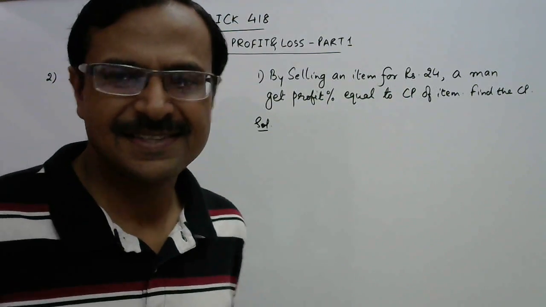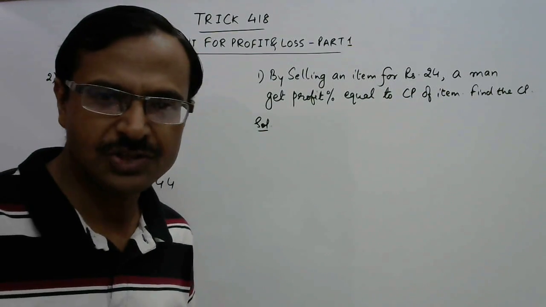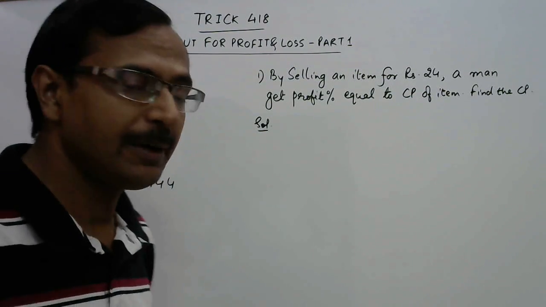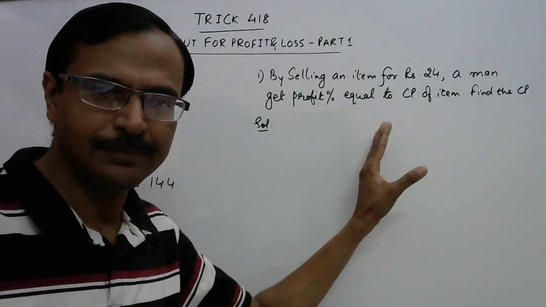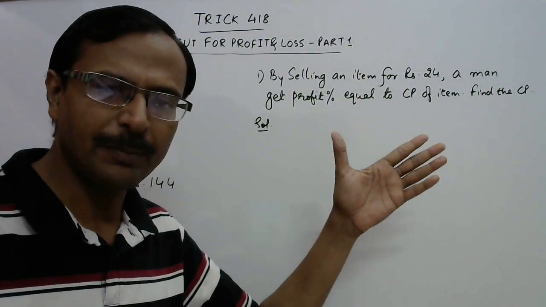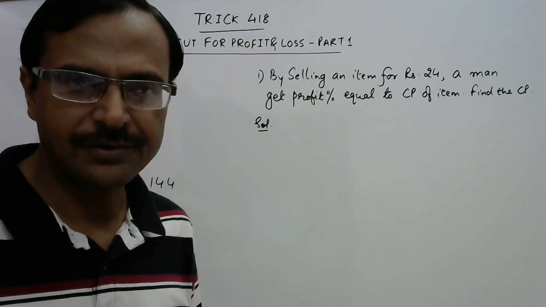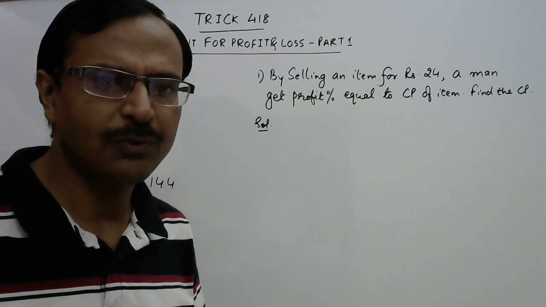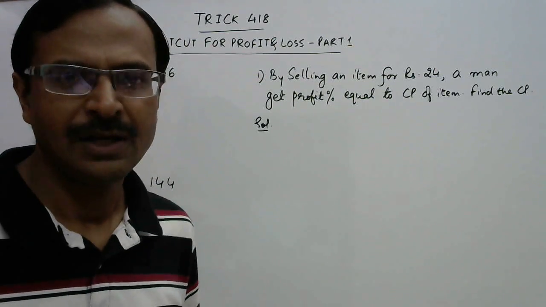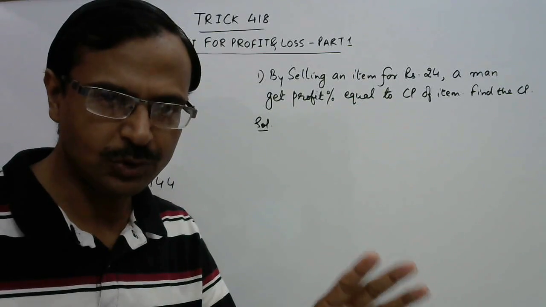Hello dear friends, in trick number 418, I am going to tell you an amazing shortcut for an important profit and loss problem. Now the statement of the problem is written here and this is a very common problem in competitive exams. So you need to know the shortcut because the traditional method in this question is bound to consume at least 45 seconds to 1 minute time, even if you are well aware of the actual method which you have to use.